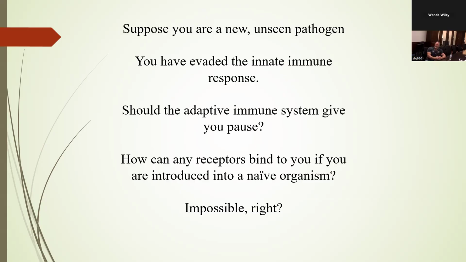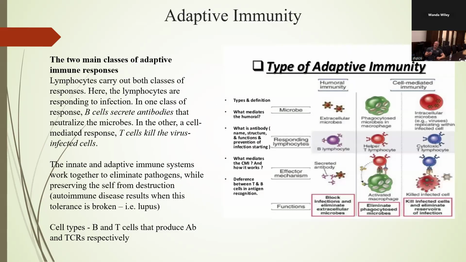But if you're a brand new pathogen that the immune system has never seen before, how is it going to be able to get rid of you? If you've already gotten past all the barriers that were designed to clear non-specific pathogens and you're brand new, you've never encountered this human being before, how is this human going to be able to clear you and get rid of you? And this is where the adaptive immune system comes in.